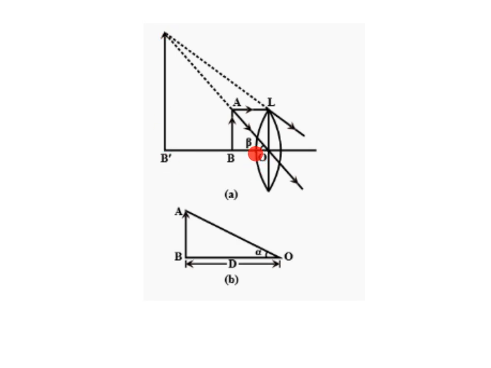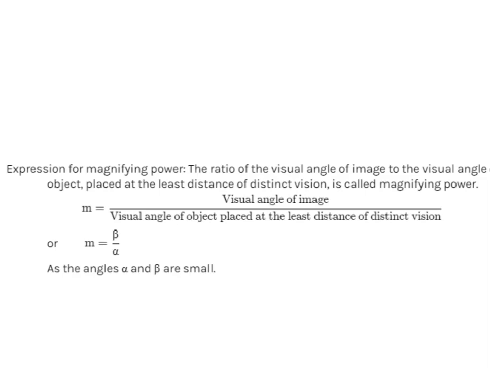Beta is this angle. In triangle ABO, alpha is the angle, and if we consider A dash B dash and O, then beta is the angle. So what is the magnifying power? The magnifying power is the ratio of the visual angle of the image to the visual angle of the object placed at the least distance of distinct vision.